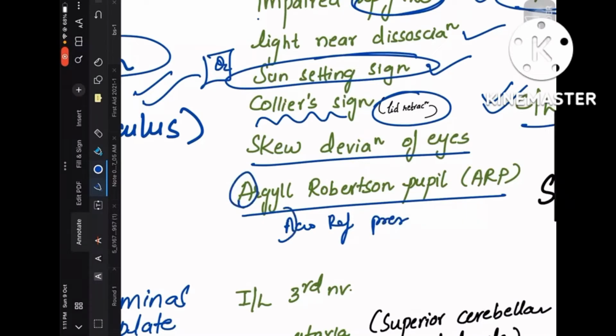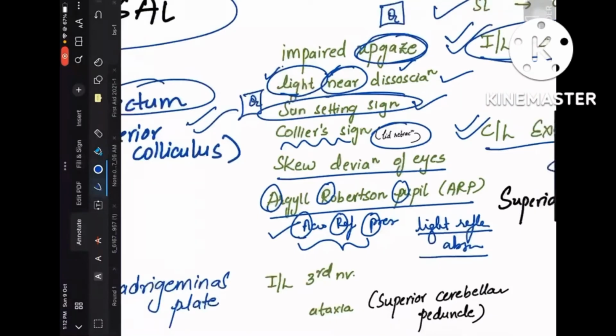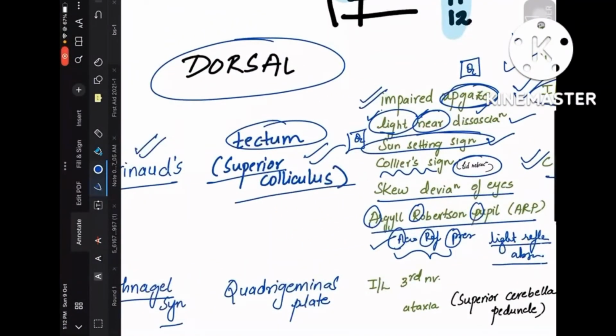See, A for accommodation, R for reflex, and P for present. Accommodation reflex is present, and light reflex is absent. That is the reason you have light near dissociation. Light is for light reflex and near is for accommodation. There is a dissociation because accommodation is present whereas light reflex is absent. And impaired upward gaze is an important point for Parinaud syndrome, which occurs at the superior colliculus level.